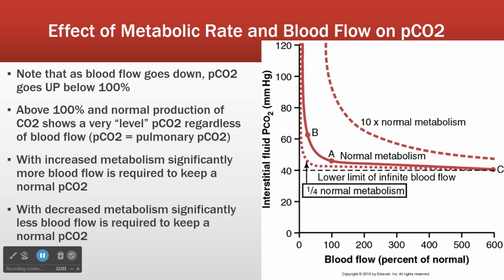So when I talk about empty capillary beds, they are like these, where they have a blood flow of like 1/10 of what they could have, or what would be normal for that tissue. So the rate of metabolism affects the amount of blood flow that's needed to keep the PCO2 of the tissues where it needs to be.